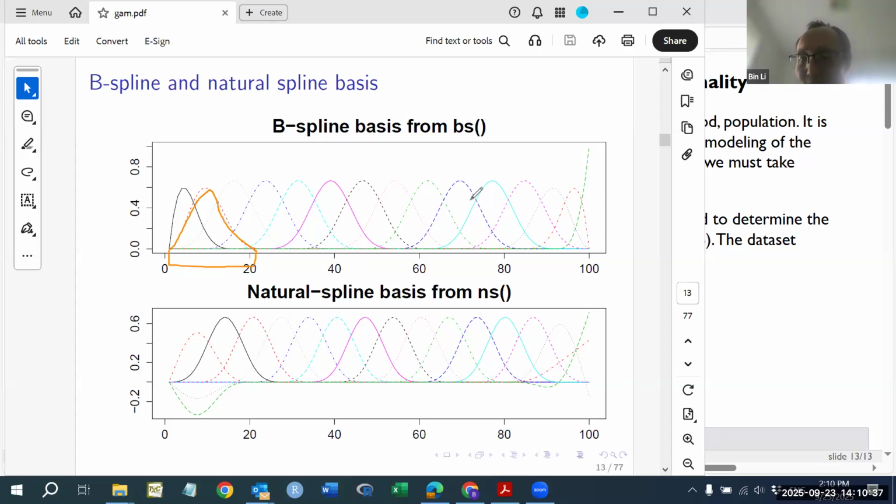So you can see all the bases from the B-splines are local, only affecting the observations within a certain range of x values. Also, these are the cubic B-spline bases, so every basis function is itself a piecewise cubic function.